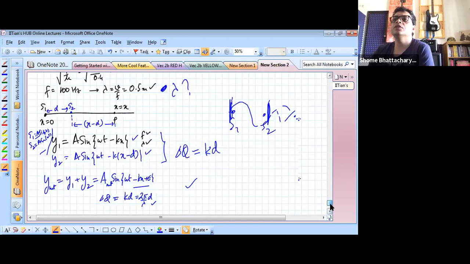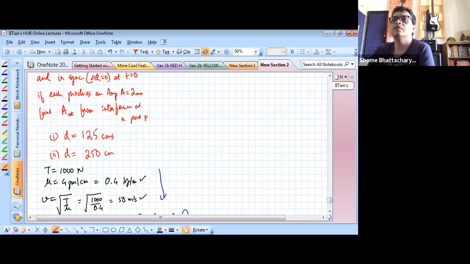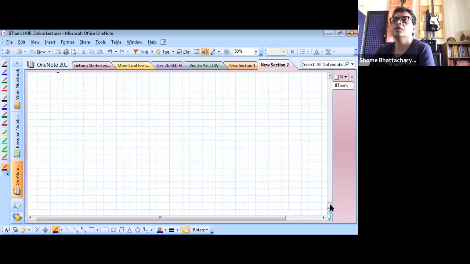For example, in the first case, I have taken d as 125 centimeters. Just take it as 12.5 centimeters. Just make a correction there. In the question, instead of 125, make it 12.5, and make this 25 centimeters, because the wavelength is 50 centimeters and not 500 centimeters.